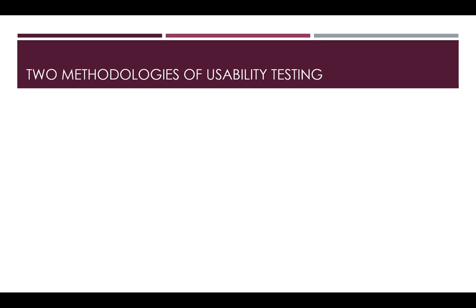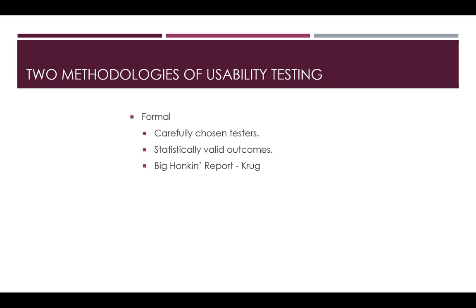There are two ways of doing usability testing. The first way is called formal usability testing. In formal usability testing, you use carefully chosen testers, and you get some really lovely statistically valid outcomes. At the end, you also have what Steve Krug calls a big honkin' report, which details all of the problems that were found, statistical analysis, and what should be done.